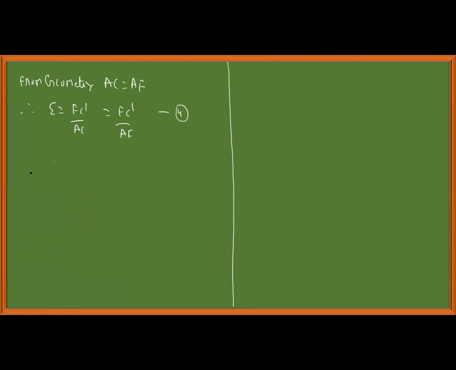Substituting 4 in 3, I can write gamma is equal to 2 times FC' by AC, and FC' by AC is nothing but FC' by AF, which is nothing but epsilon. So gamma is 2 times epsilon, or epsilon is equal to gamma by 2.